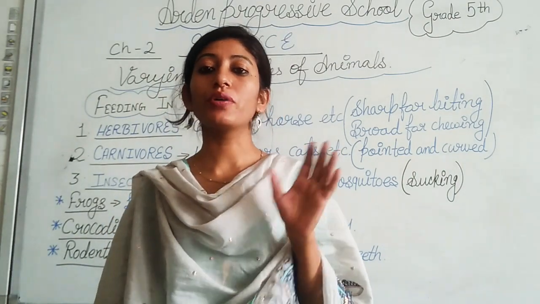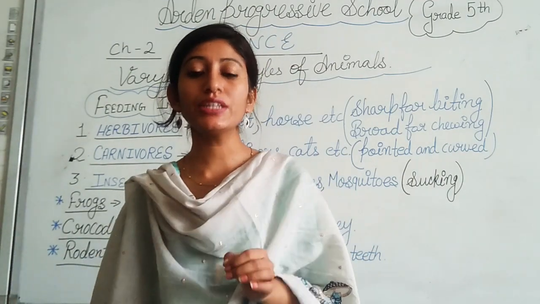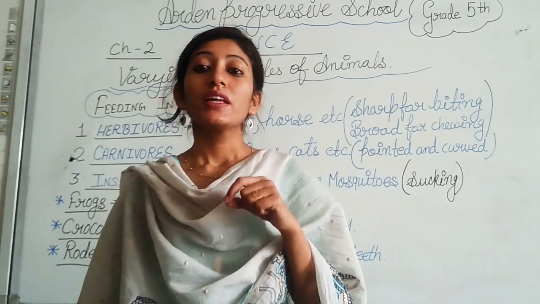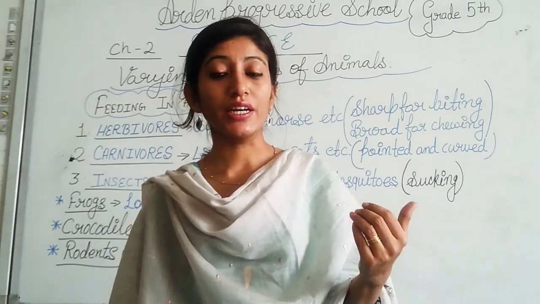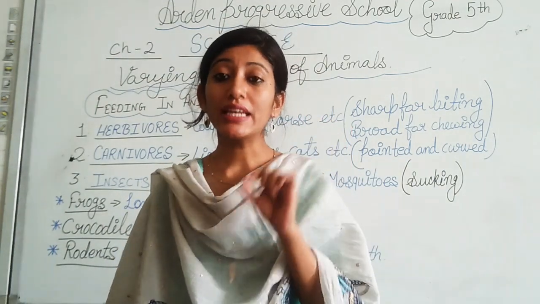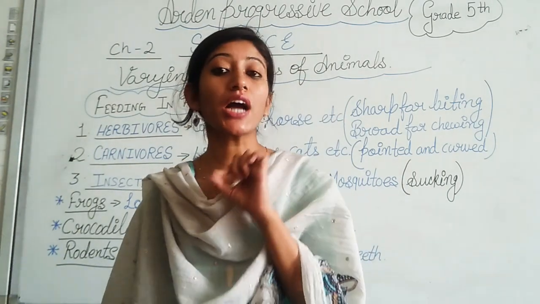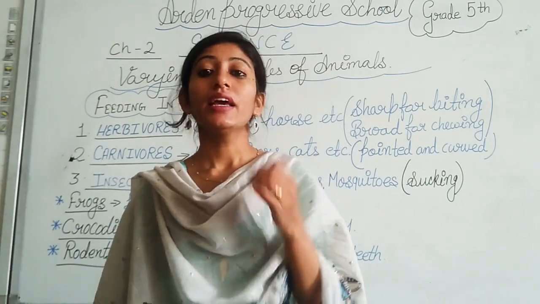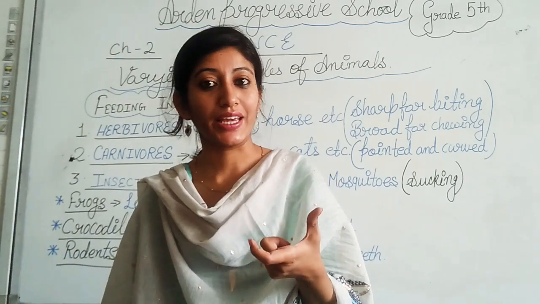So I hope now it is clear to everyone. Herbivores are the animals that eat plants and leaves, and examples are cow, horse, goat, deer. Because they need to bite and chew, they have sharp teeth in front for biting, and in the backside they have strong broad teeth for chewing.